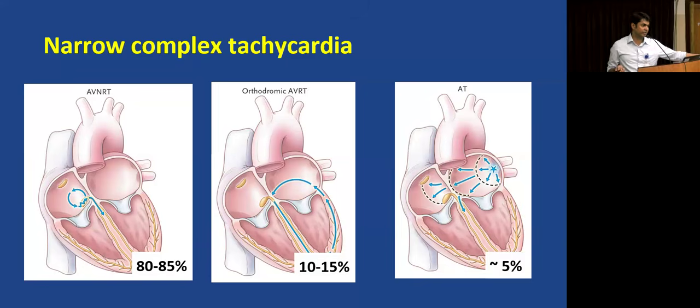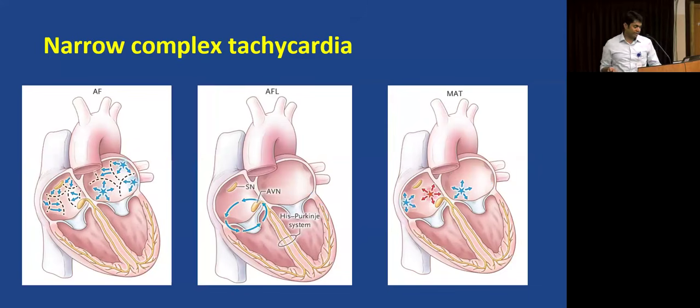For practical purposes, the most common form of AVRT we call ORT, orthodromic reentrant tachycardia, instead of calling it AVRT. And AT forms about 5%. So the most likely narrow complex tachycardia you will see in the ED or in the ward is either this or this. Okay.